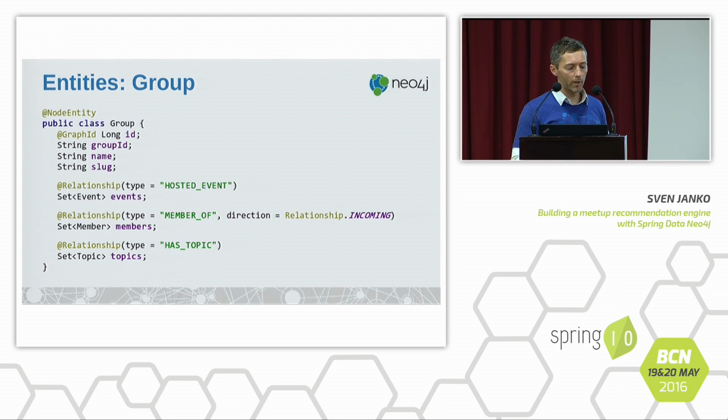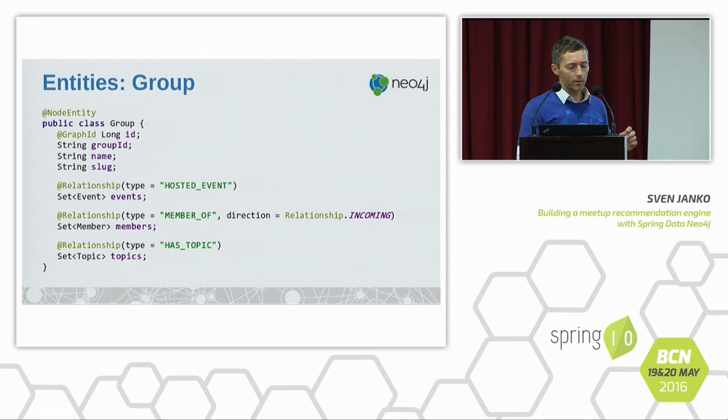And this we are doing by annotating the relationship annotation. In that case, we are adding the information type, which is in fact our relationship type we have talked about previously. So in that case, we have a hosted event as relationship type.